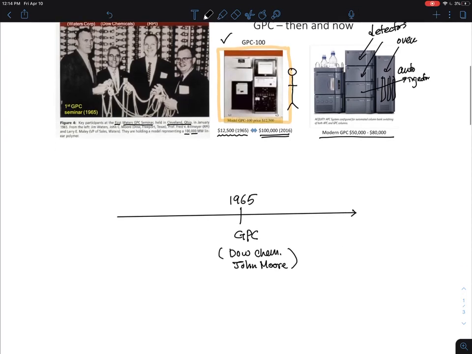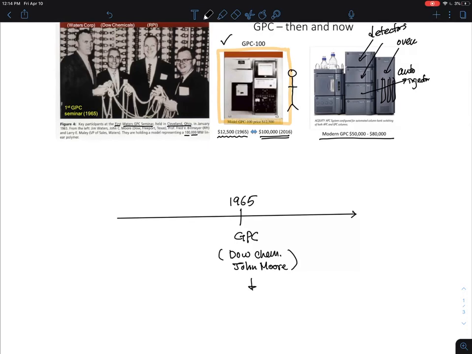He essentially found that there is a correlation between the GPC elution time and log molecular weight, and he reported that. After this is what I call the GPC era for polymer characterization.